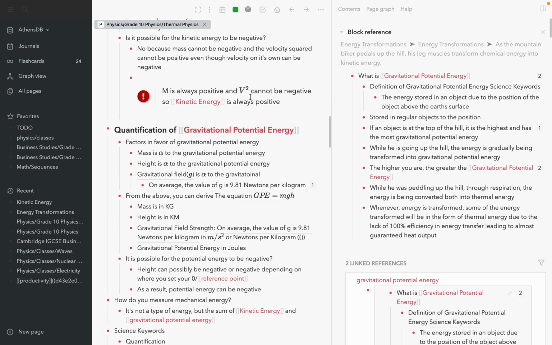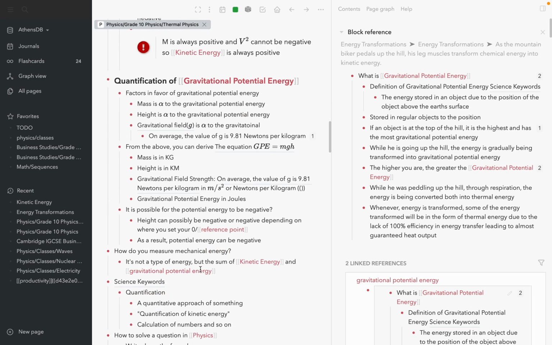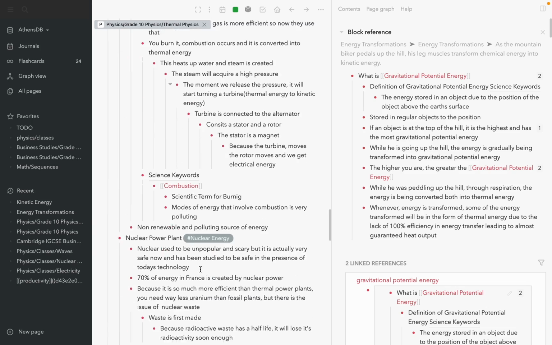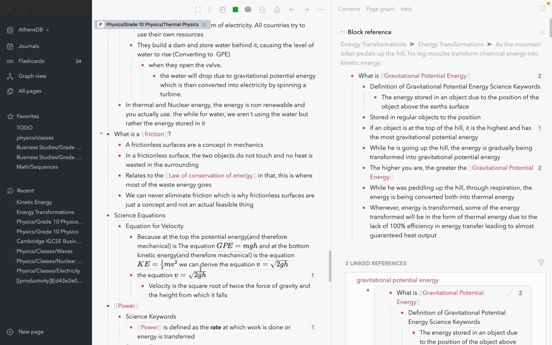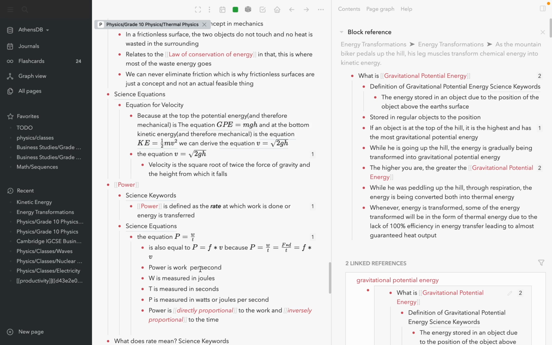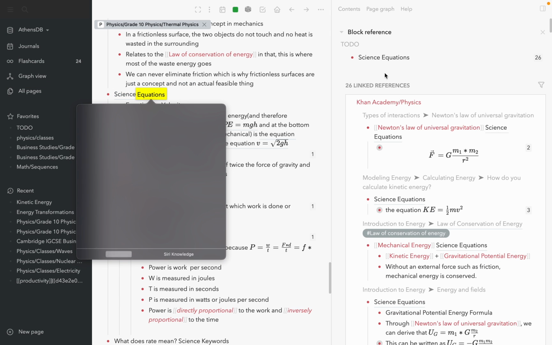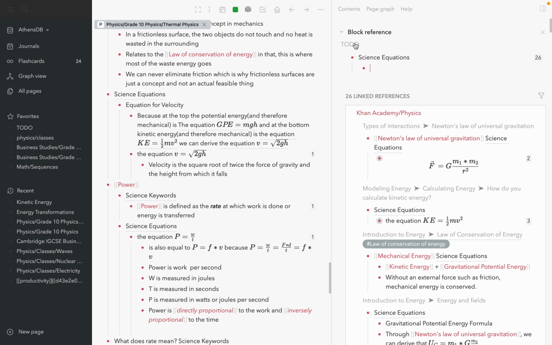Let's see if I have an example over here. Yeah, right here. There's a block that I've referenced from science equations, inside the to-do page, and I've made 26 references to this.